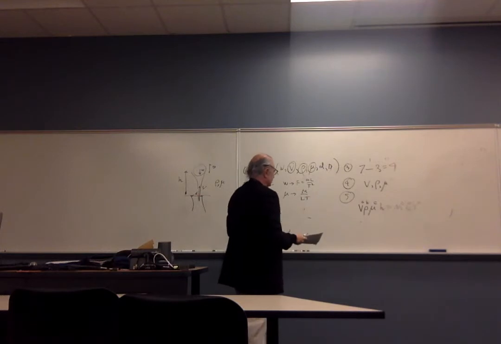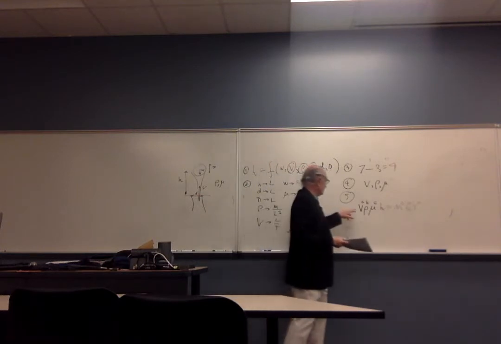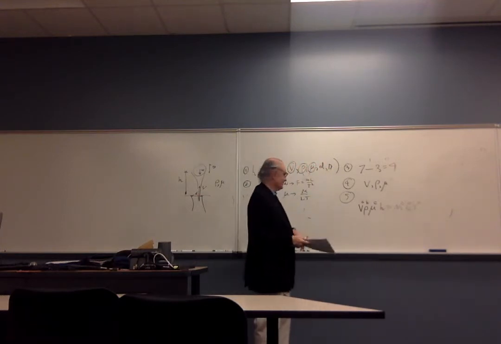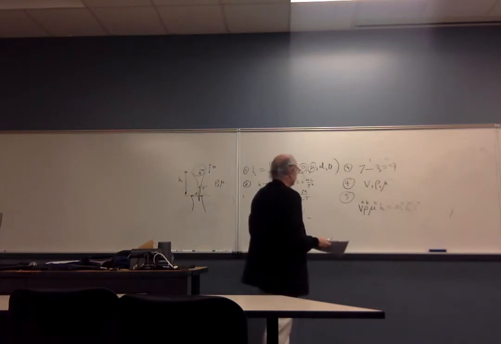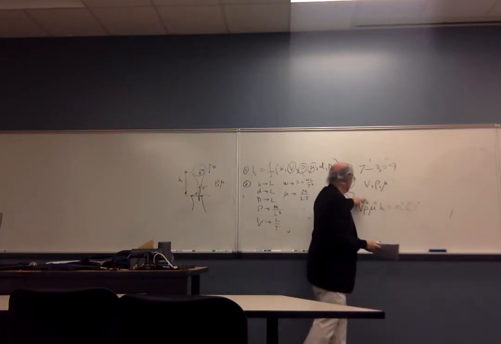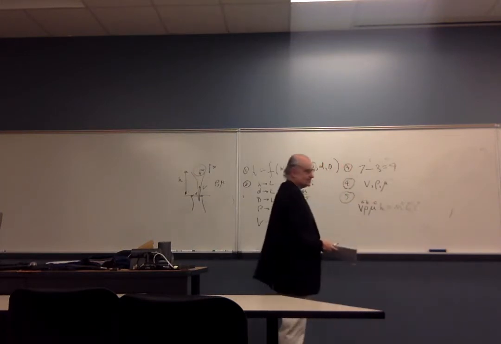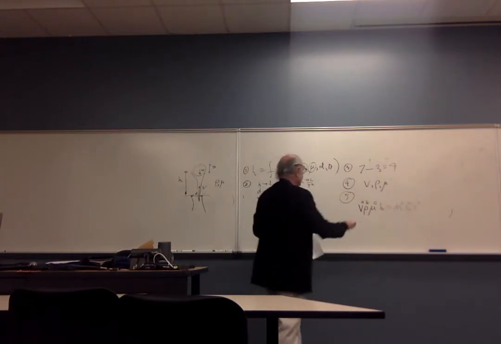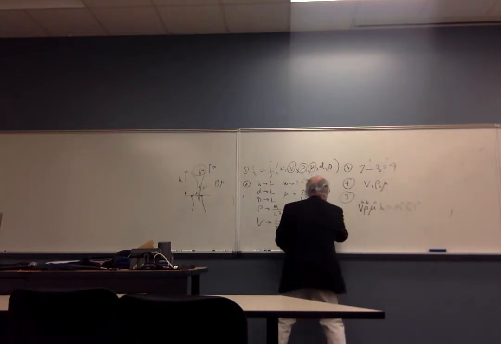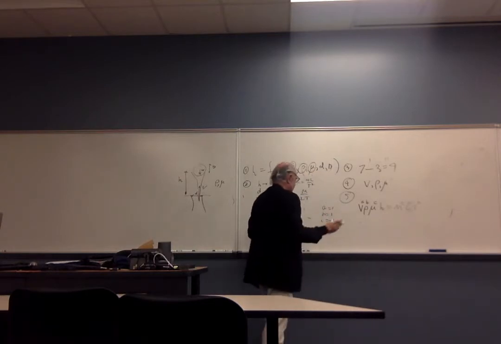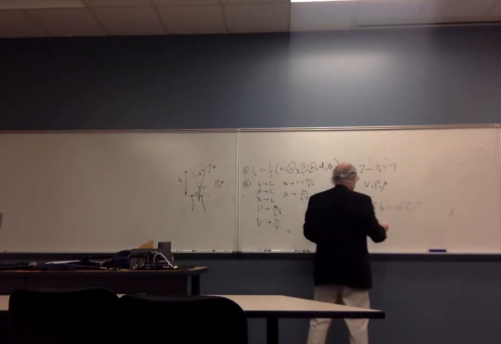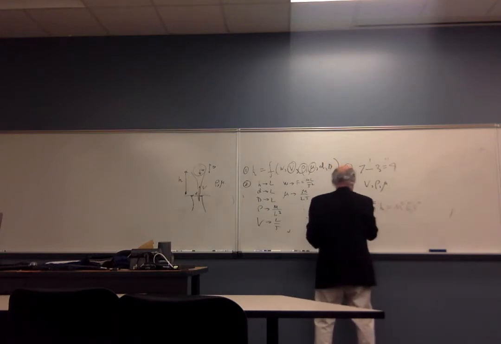Does anybody see what the answer is going to be? 1, 1, and negative 1. So we're predicting A is 1, B is 1, and C is -1. We'll see what happens. It'll work out, obviously. So let's do mass first.